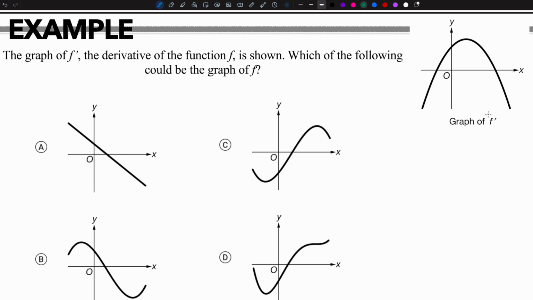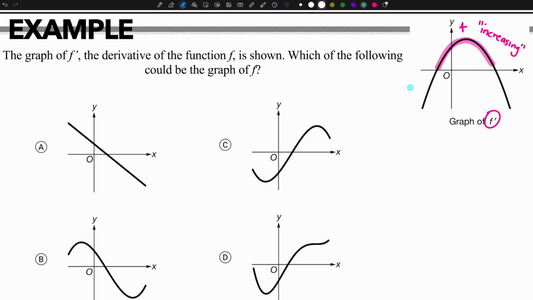Next, the graph of the derivative is shown. So you are looking for what is the original. Above the x-axis means it is positive numbers, which means the original function is increasing.